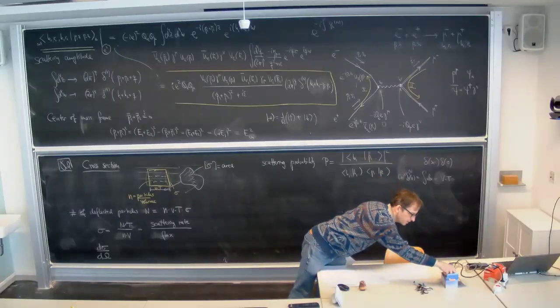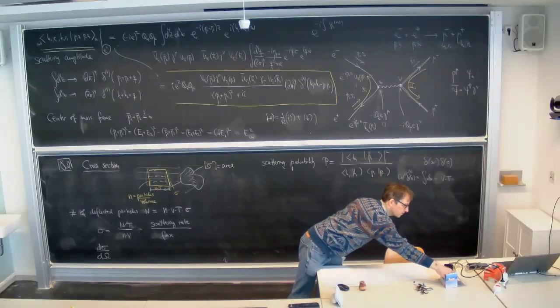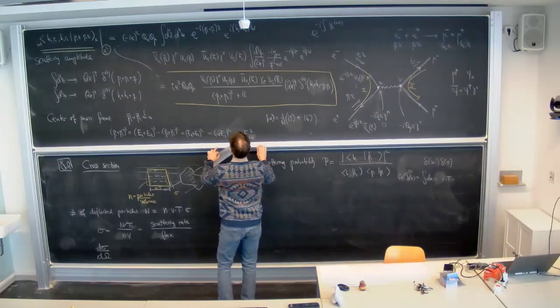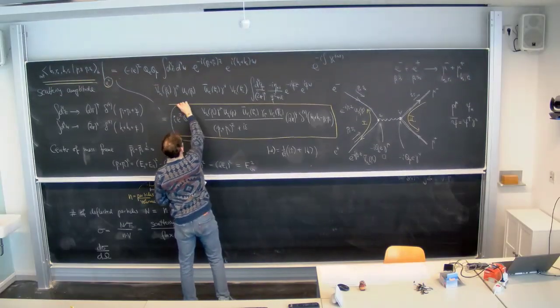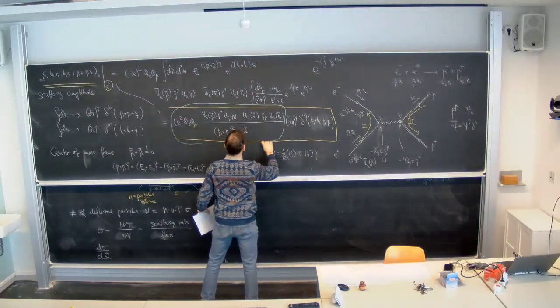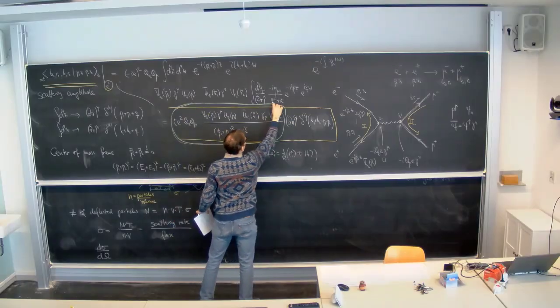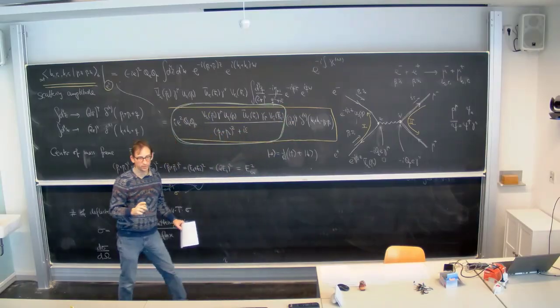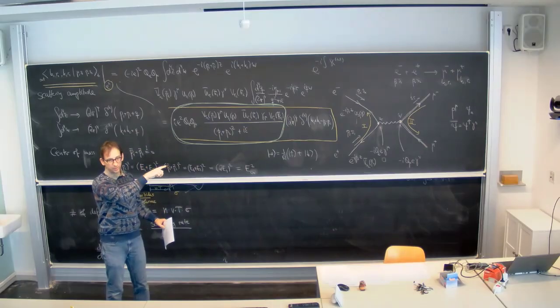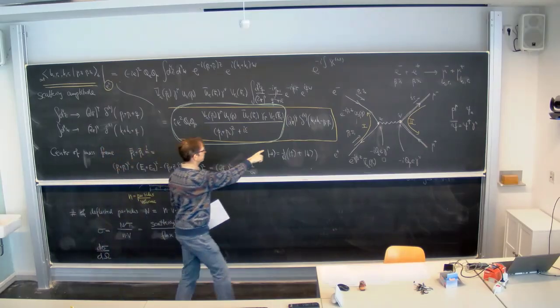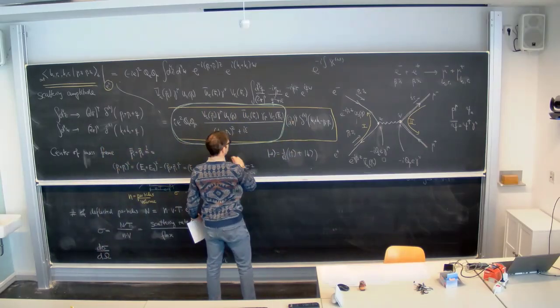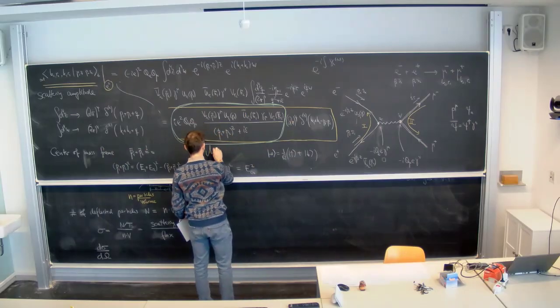Everything that is okay to square, like this, which is our amplitude without the energy momentum conservation delta function, without this. Everything here is called m.